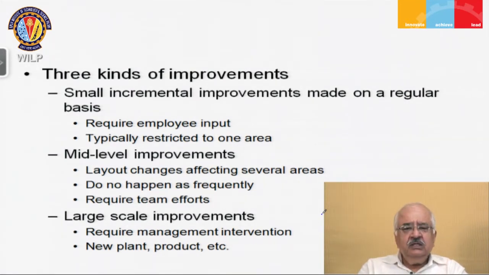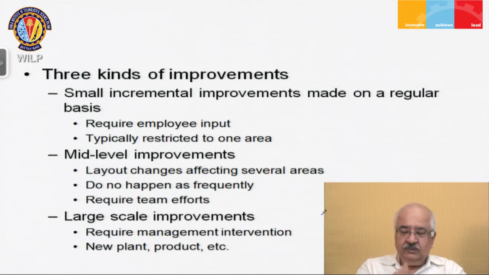The first category is what we'll call small incremental improvements, and these are typically made on a regular basis. It could be on a daily basis, and these kind of improvements do not necessarily require any major investment or time or effort or planning. These are things which individual employees themselves or in very small groups can bring about.